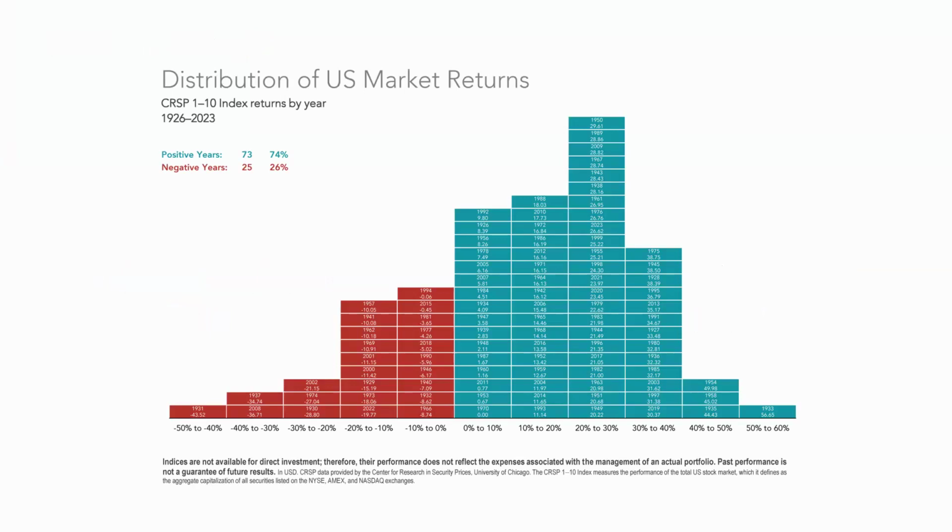So the positive years on this chart are 73 or 74% of the time the market is up in general. Not just the S&P 500. This is all investable U.S. stocks. The market is up 74% of those years, which means it's only down 26% of those years.